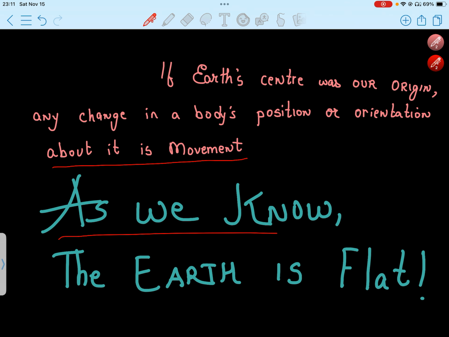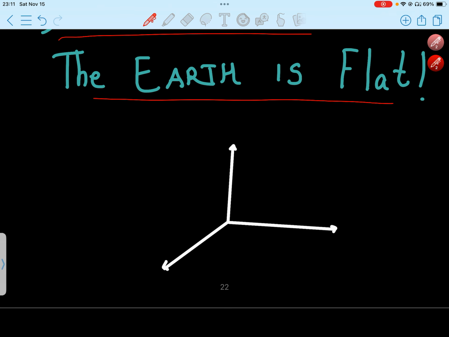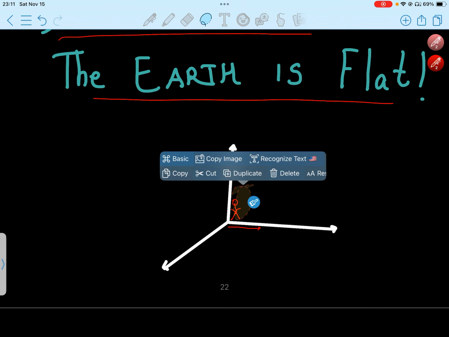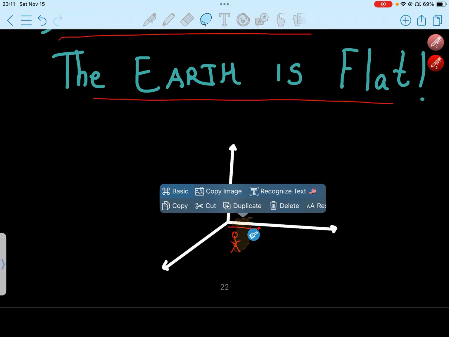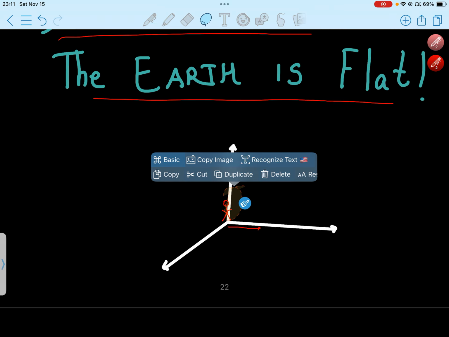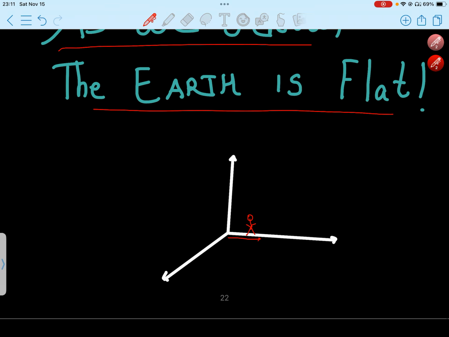And as we know, the Earth is flat, of course. So any change in position of a particular body or any change in its orientation about any of the axes will be defined as movement. As simple as that.